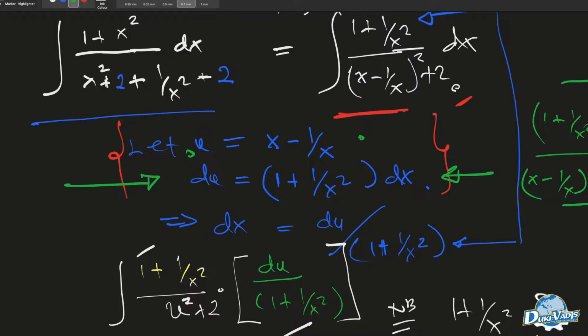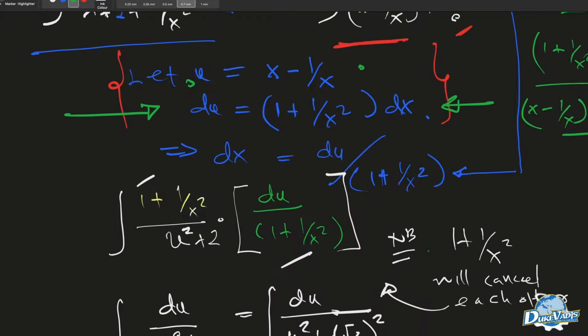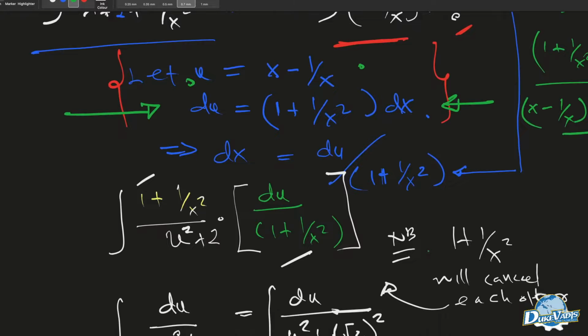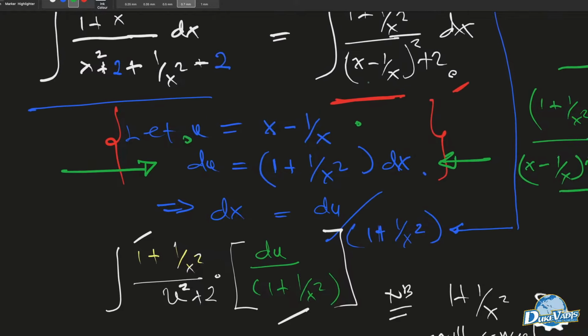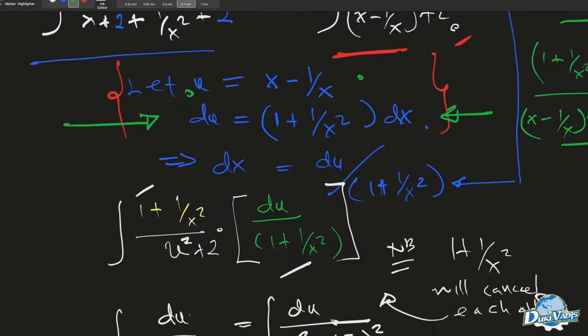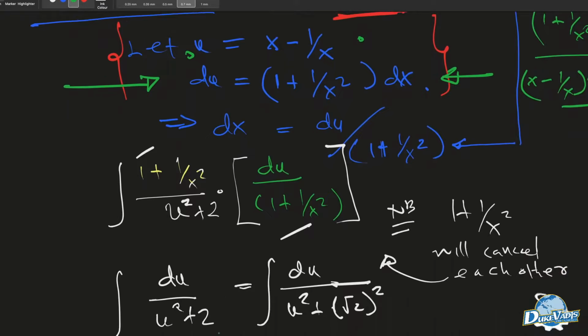And we make dx the subject. So dx is equal to du over 1 plus 1 over x squared. Now put it back into the equation. We have 1 plus 1 over x squared, and bear in mind that this is u, so that is u squared plus 2 over here.